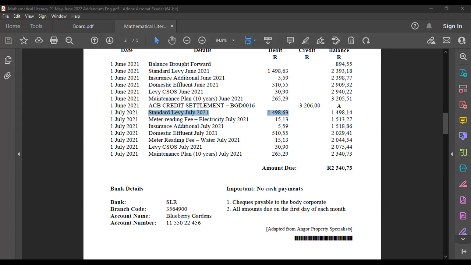Add this up, and we end up having 77,221 rands and 70 cents.